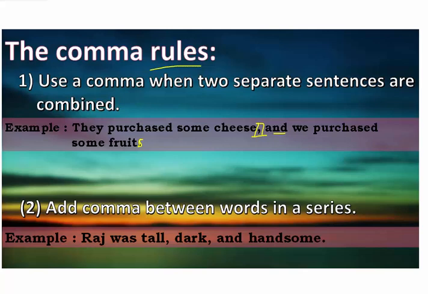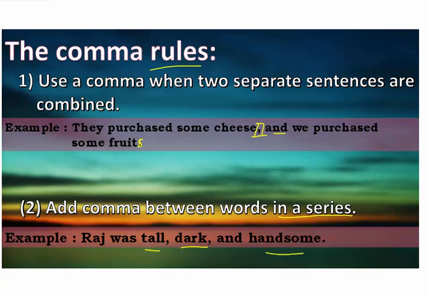Let's move to the second rule. Add commas between words in a series. We can use a comma in a series. Let's see the example. Raj was tall. He is tall, dark and handsome. There are many words describing Raj.